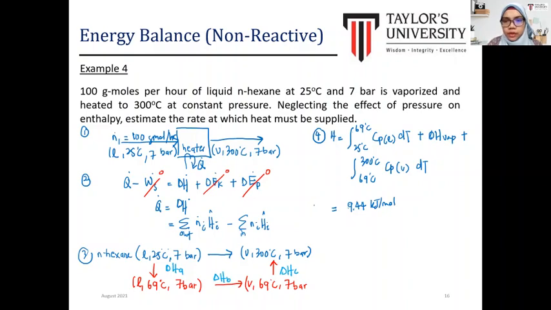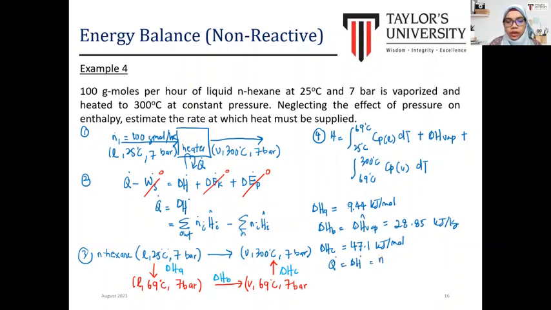For delta H_B, or delta H at vaporization, you may also refer to table B1, so you can get 28.85 kilojoule per mole, and delta H_C equal to 7.1 kilojoule per mole.